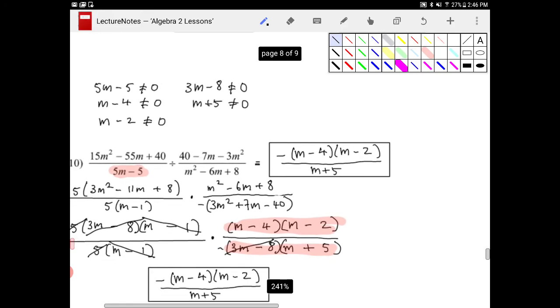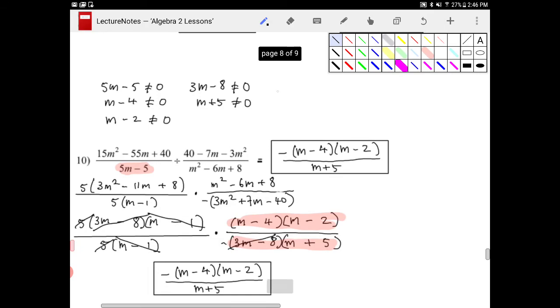So if all those things cannot be 0, then that means m cannot be, right? The first one here is m cannot be 1. Then the next one, m cannot be 4. Then m cannot be 2.